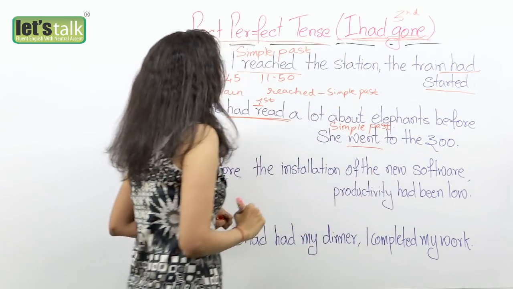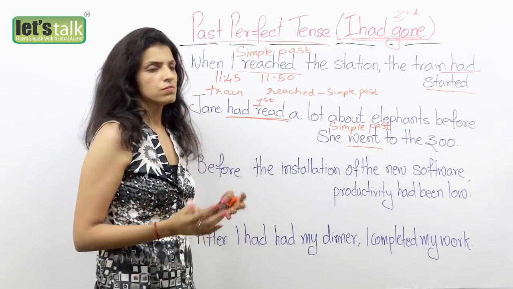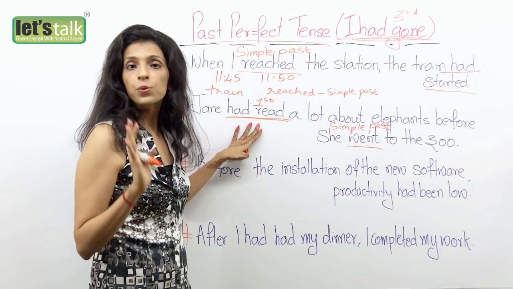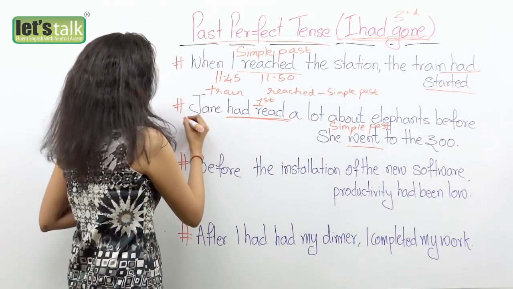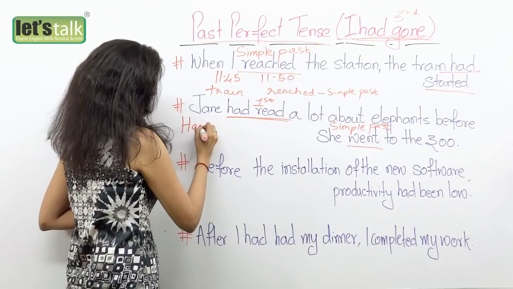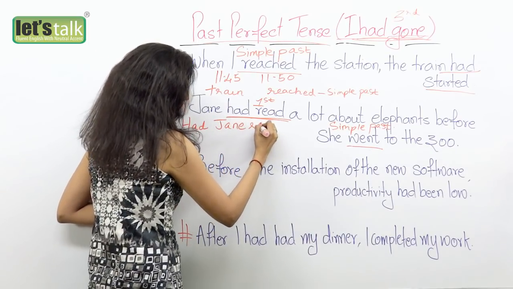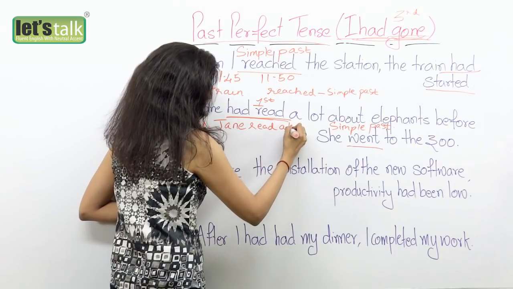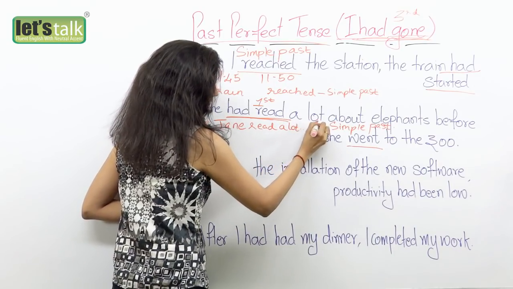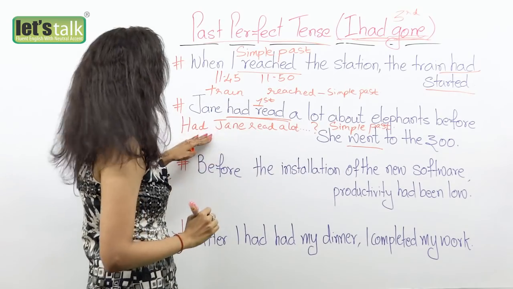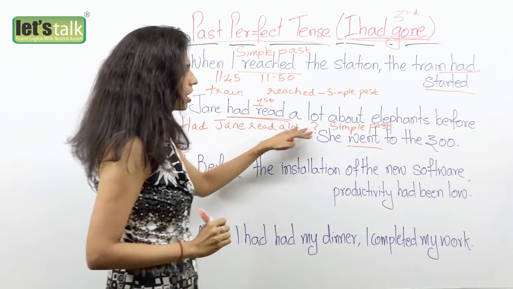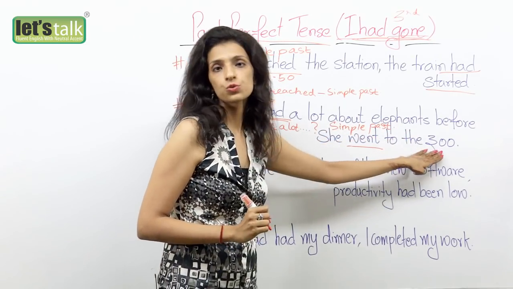But just supposing I want to ask you, did she read a lot? So how am I going to make a question? It's going to be as simple as this. I'm going to say, had Jane read a lot about elephants before she went to the zoo?